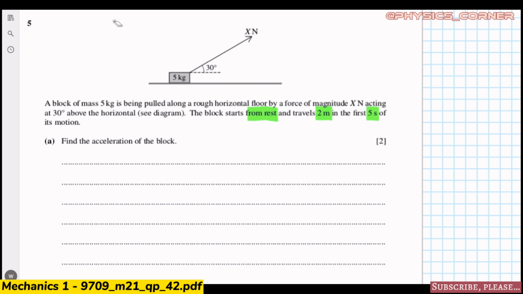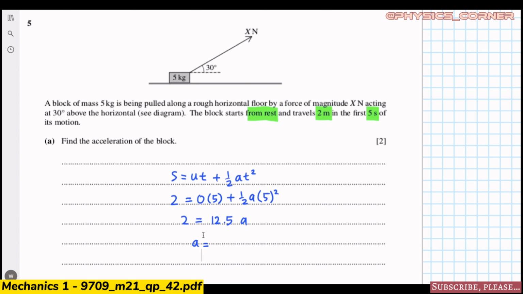Maybe we use s equals ut plus a half at squared. 2 meters equals u, in 5 seconds, plus a half a times t, which is 5 seconds squared. So 2 equals, this is 0, a half times 25, 12.5 a.